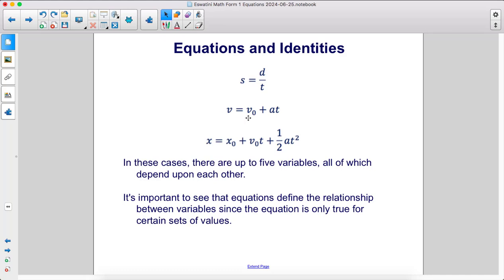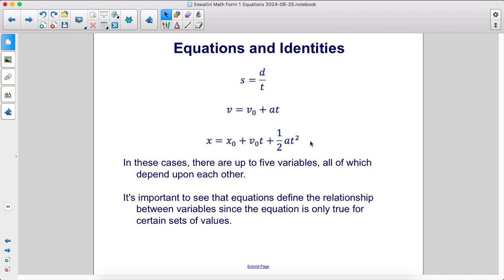Final velocity equals initial velocity plus at, acceleration times time. Final position equals initial position plus initial velocity times time plus 1/2 acceleration times time squared. In these cases, there are up to 5 variables, all of which depend on each other.